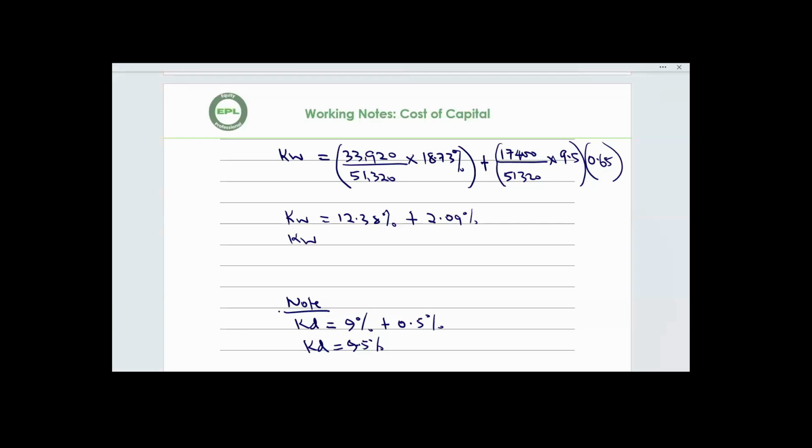When you add the two together, this will give us 14.47%. So approximately the project-specific WACC is 14%.